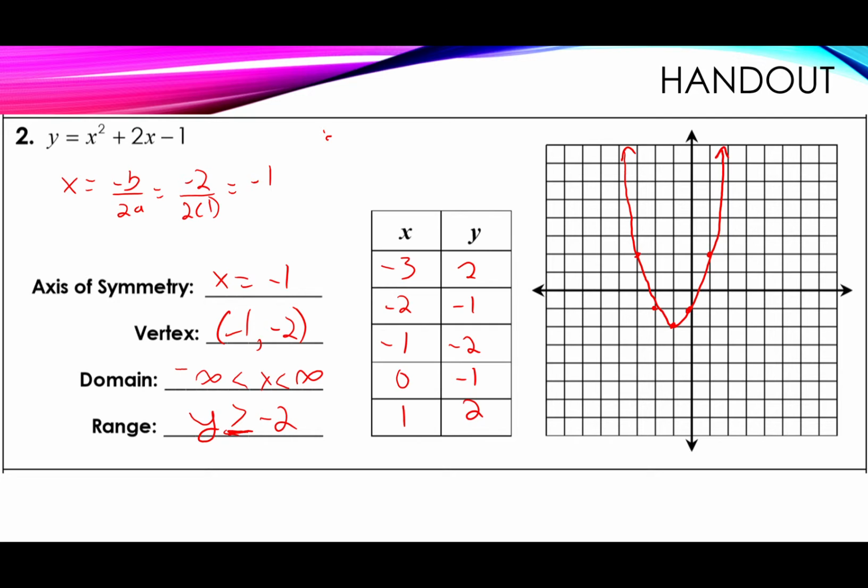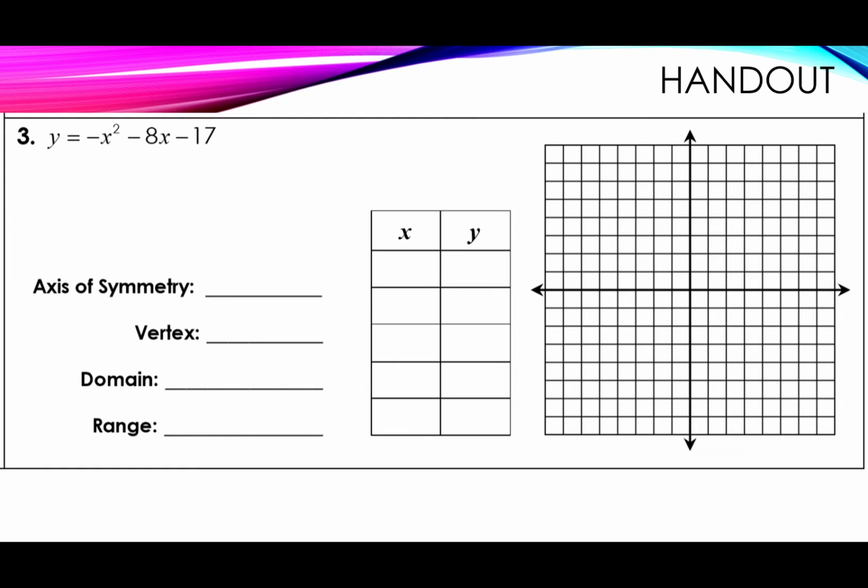Okay. Here we go. And moving on to the next one. So number 3. All right. When you look at this, -x² minus 8x minus 17, is this going to open up or down? Well, hopefully you said it's going to open down, which is true. Okay. And let's figure out what my axis of symmetry is.